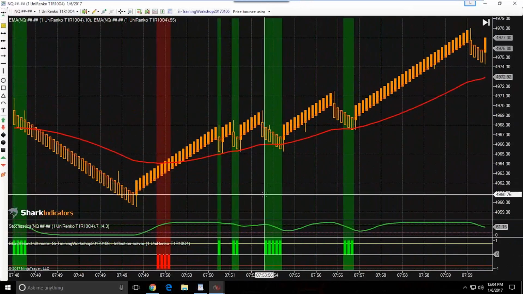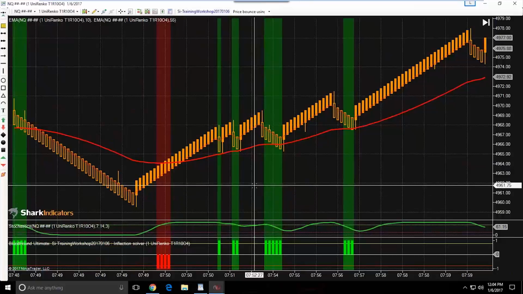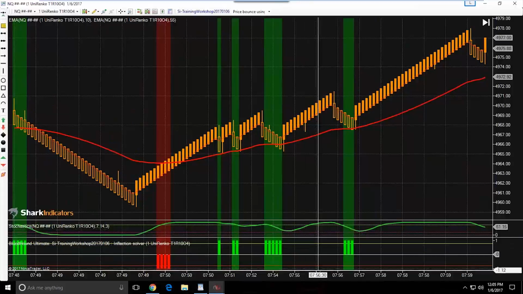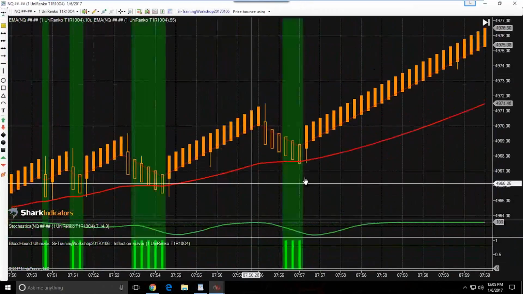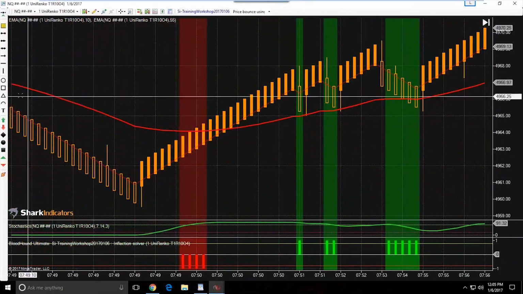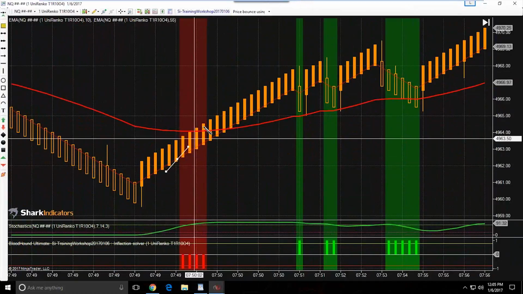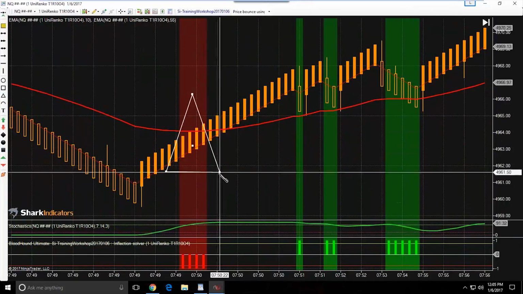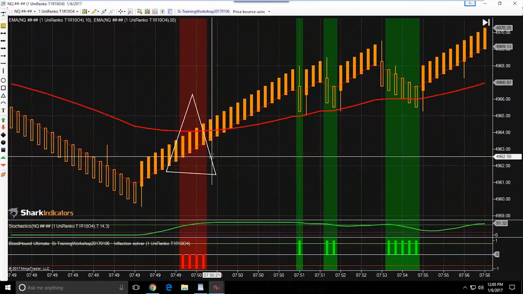So far so good. Now there's usually one last requirement when bounce traders are looking for their bounce trade. If we look at this, obviously this was a failed bounce.